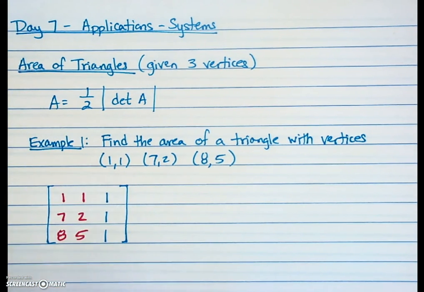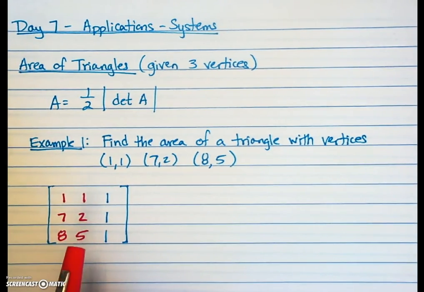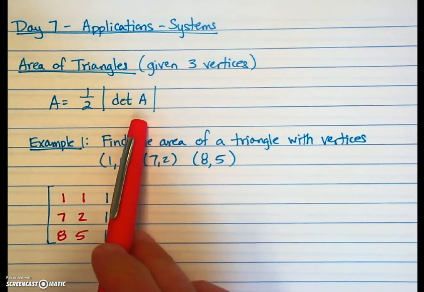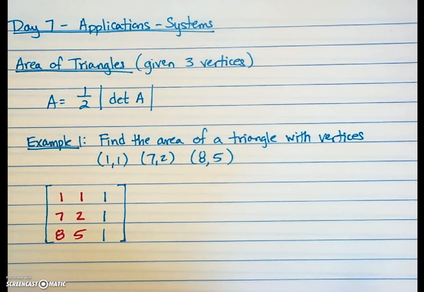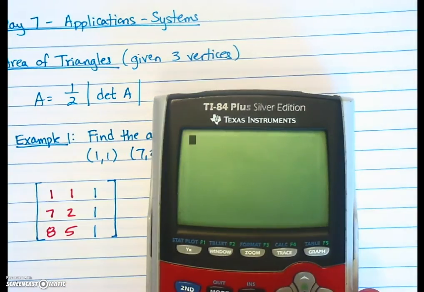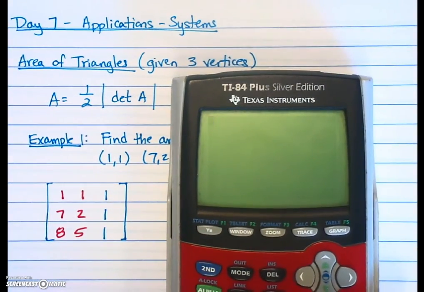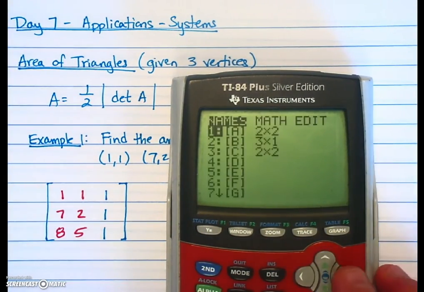Alright, so what I'm going to do now is find the determinant of this, and then I'm going to take the absolute value of it and multiply that by 1/2. And to find the determinant of this, you can use your calculator if you want to, or you can use the diagonal method. I'm just going to use the calculator here to make it a little faster.